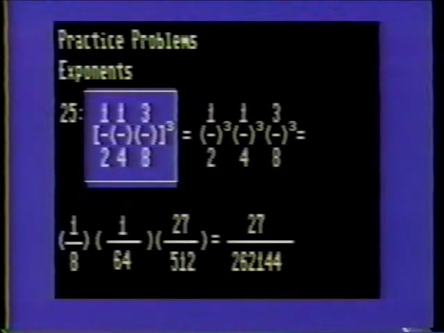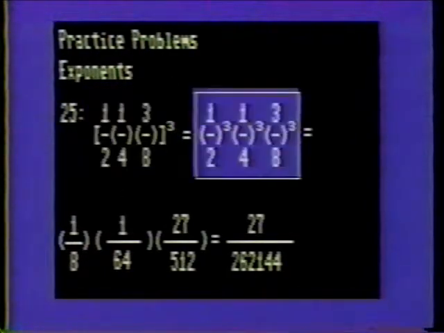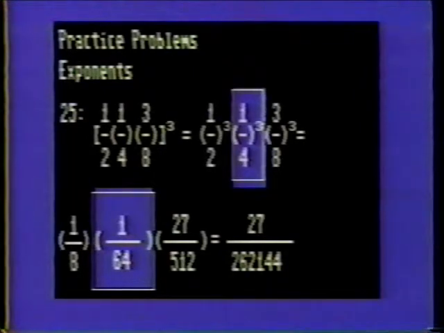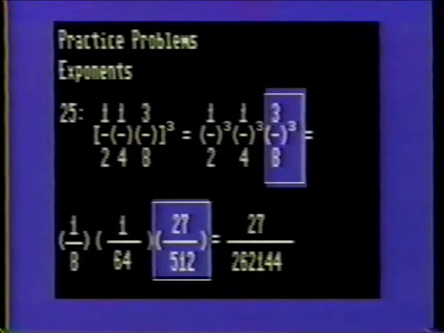Problem 25. 1/2 times 1/4 times 3/8 cubed is 1/2 cubed times 1/4 cubed times 3/8 cubed. 1/2 cubed is 1/8. 1/4 cubed is 1/64. 3/8 cubed is the same as 3 times 3 times 3, which is 27, and 8 times 8 times 8, which is 512.